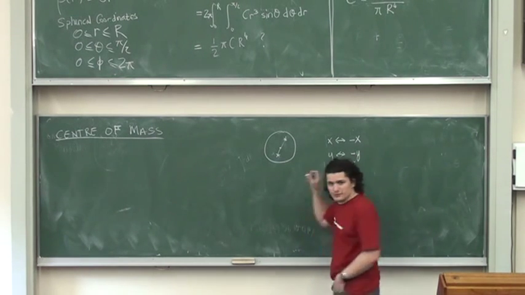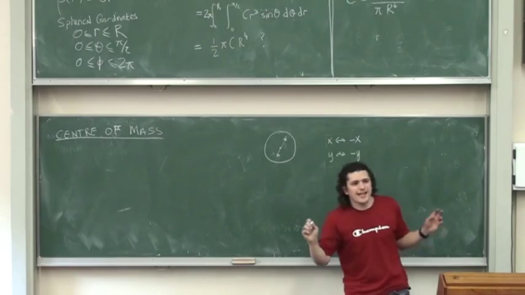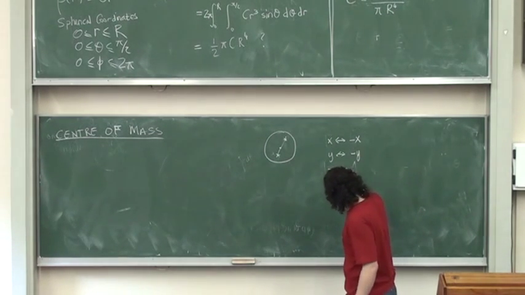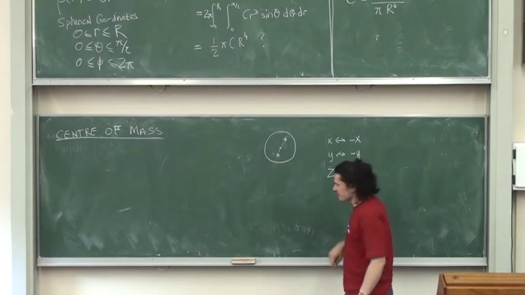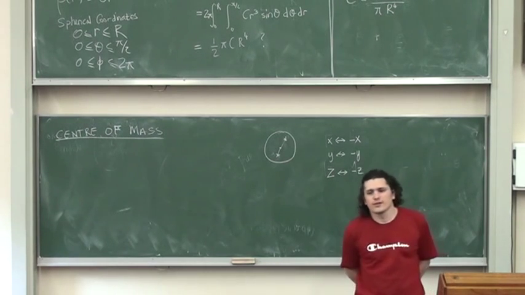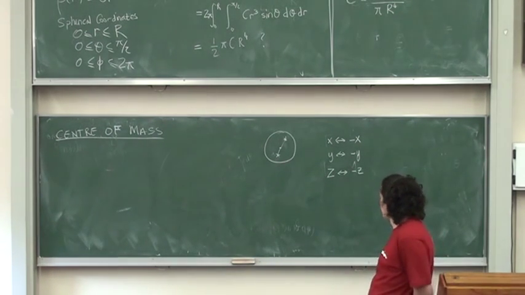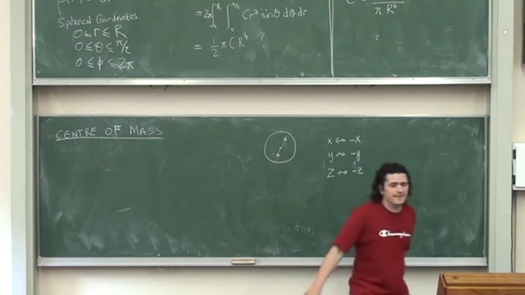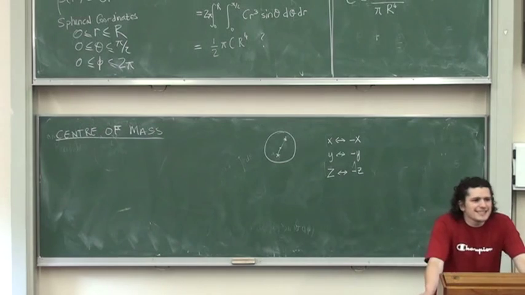And for completeness, to make sure that I'm not talking absolute bogus to you, when I replace z with minus z. So, when I replace x with minus x, is the density the same?